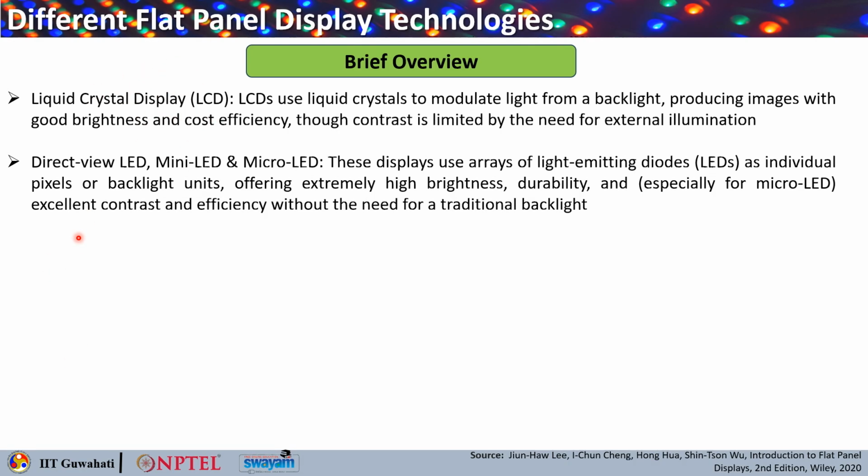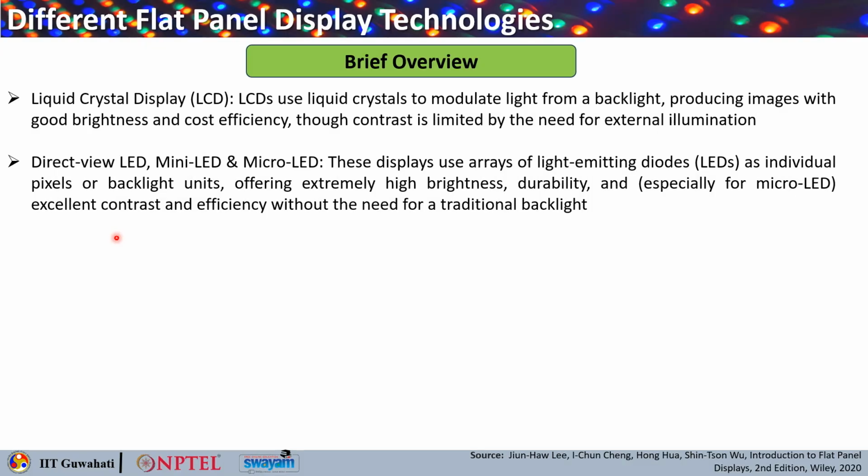Then you have the emissive displays, which are LEDs, light emitting diodes. There are different types of LED displays: direct view LED, mini LED and micro LED, based on the sizes. These displays use arrays of light emitting diodes as individual pixels, or they can also be used for backlighting of LED screens.